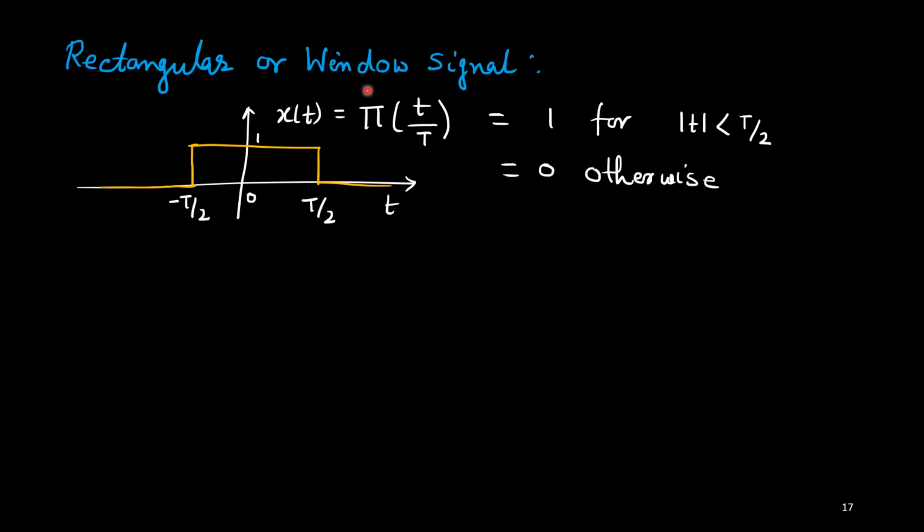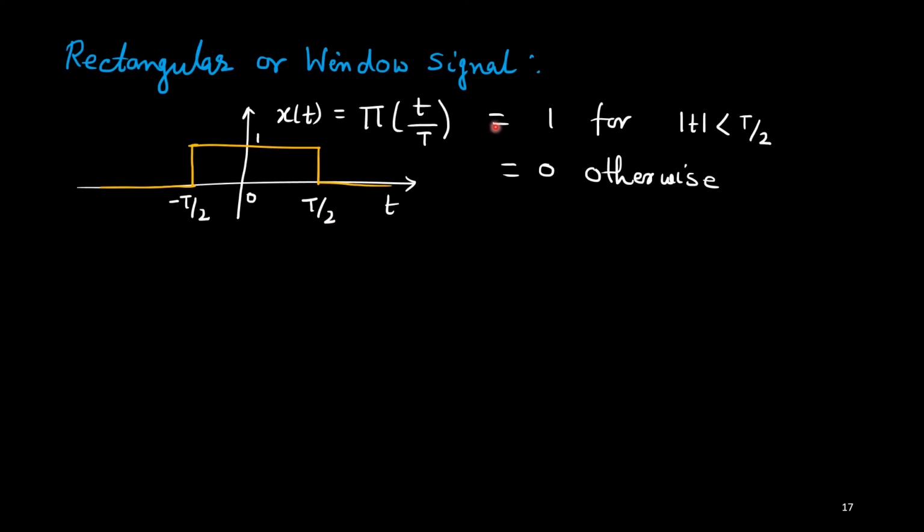The symbol we sometimes use is capital pi of t upon capital T. This notation shows that its center point is 0 and its total width is capital T, with the left side at minus T by 2 and the right side at plus T by 2.